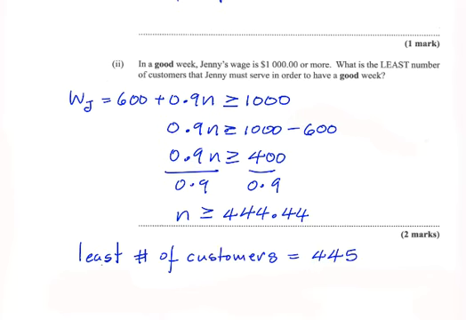If she serves 444, she would earn less than $1,000. 444.44 is exactly $1,000. 445 customers, just above $1,000. So the least number of customers that Jenny must serve in order for her to have a good week is 445 customers.